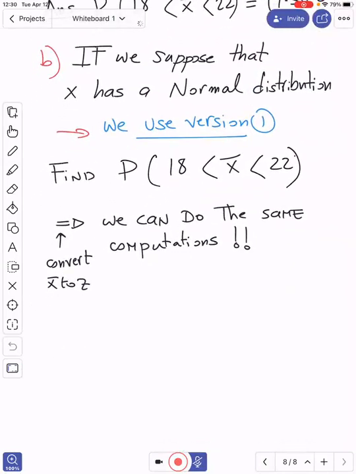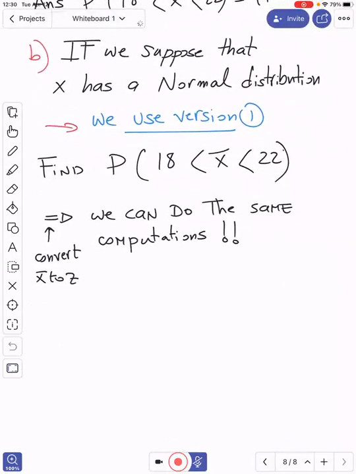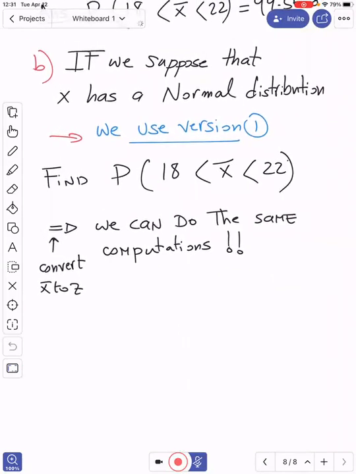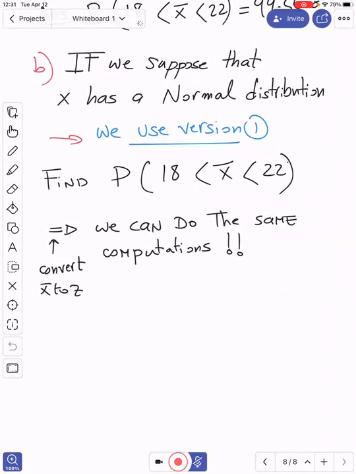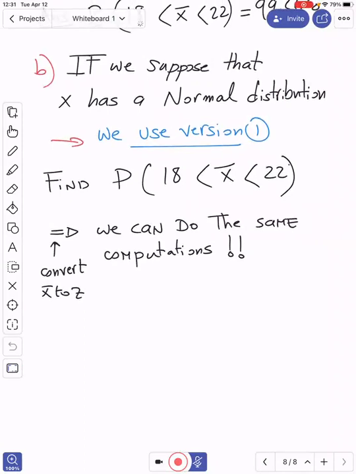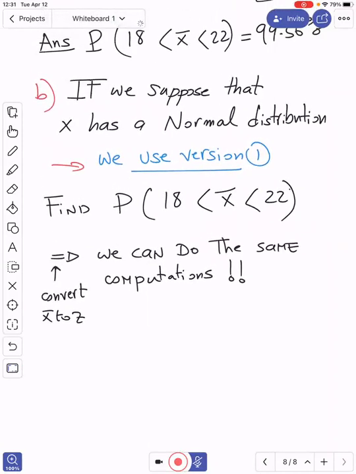So the computation is not the mean minus mu over the standard deviation? Yes, it's over the standard deviation. But for the X bar, we use the one with the square root.